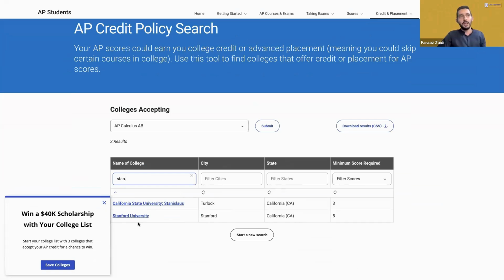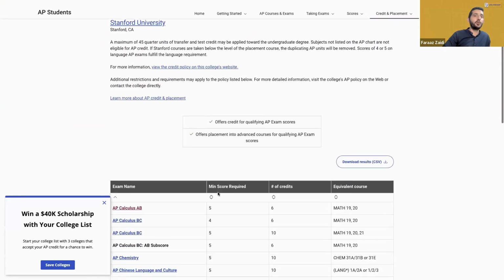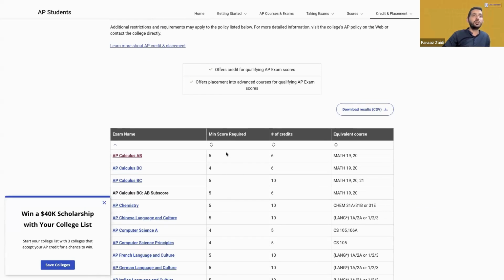If you have done Calculus AB, you would need to score a 5 out of 5 before Stanford would consider that score. The number of credits you would get for Calculus AB within Stanford, if you get a 5 out of 5, is 6 credits, and the equivalent courses for this AP Calculus are 19 to 20.